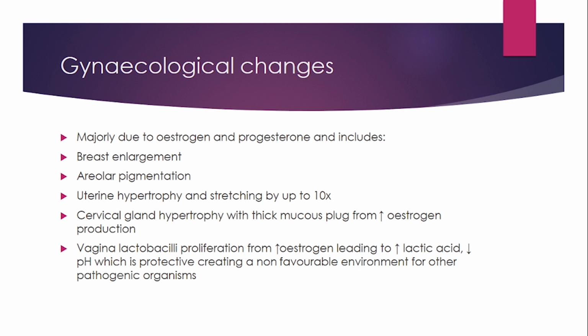There could be cervical gland hypertrophy with a thick mucus plug from increased estrogen production. Vaginal lactobacilli proliferation from increased estrogen also leads to an increase in the production of lactic acid, which causes a decrease in the pH, which is actually protective, creating a non-favorable environment for other pathogenic organisms during pregnancy.